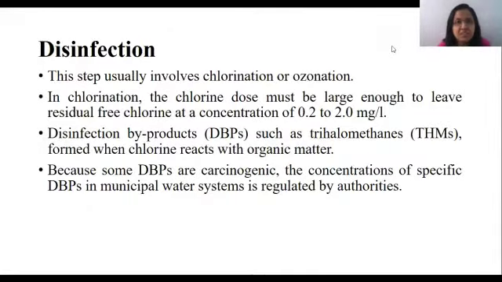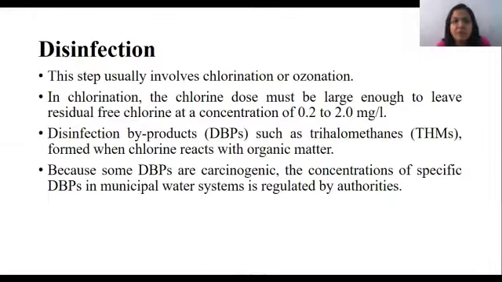Now, the third step is disinfection. Disinfection can be carried out by physical method as well as chemical method. Starting with the chemical method, it is carried out by chlorination or ozonation. In chlorination, the chlorine dose must be large enough to leave residual free chlorine at a concentration of 0.2 to 2.0 milligram per liter.